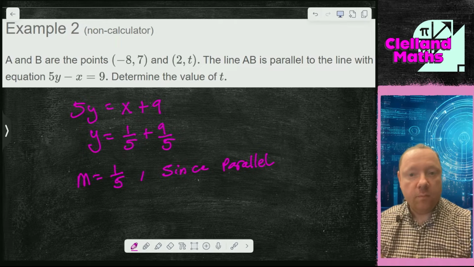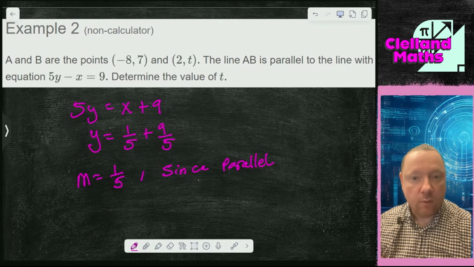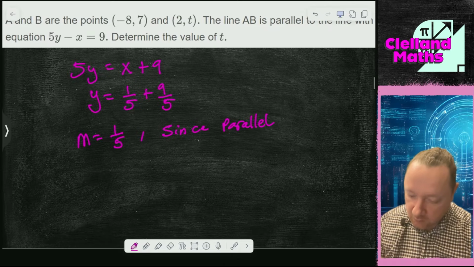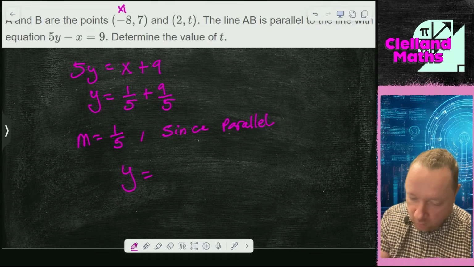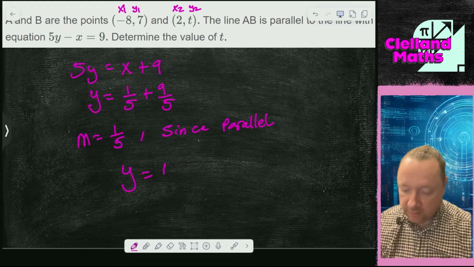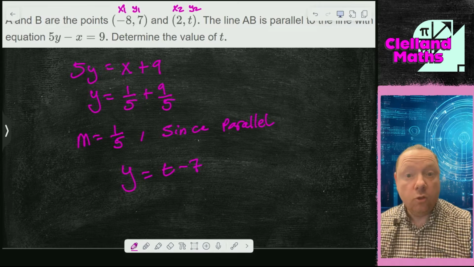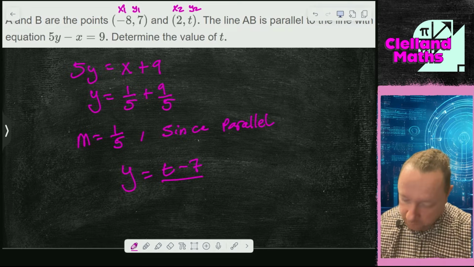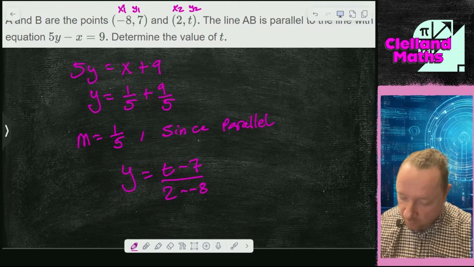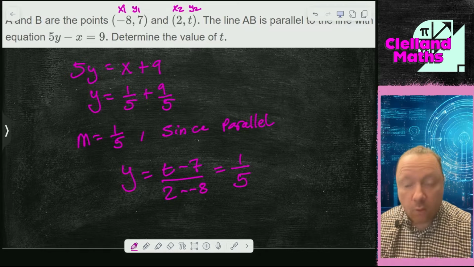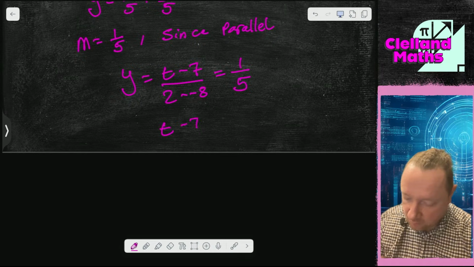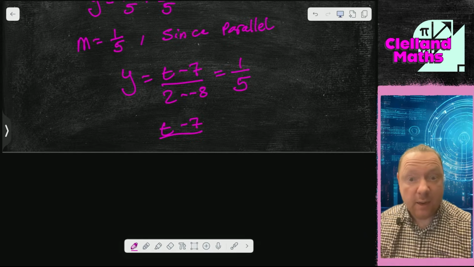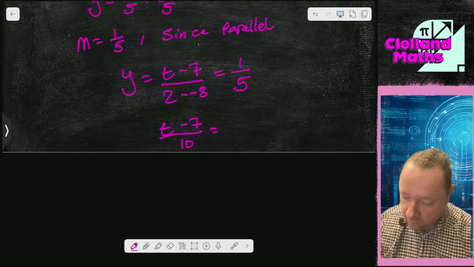Now, the gradient formula from National 5 Maths: (y2 - y1) over (x2 - x1). Calling the points (x1, y1) and (x2, y2), our gradient equals (t - 7) on the top over 2 - 8. We know that equals 1/5, so we've got an equation to solve. (t - 7)/10, because 2 - 8 is -6... equals 1/5.